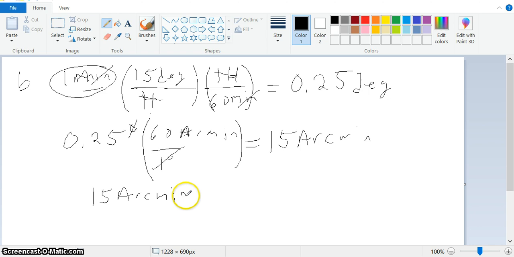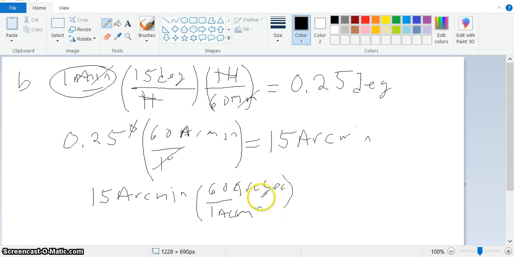Just remember, don't be fooled. An arc minute and an arc second are units of angle. They're not units of time, so don't get those mixed up. All right, so in 1 arc minute, there are 60 arc seconds. Sometimes you just call it an arc sec.